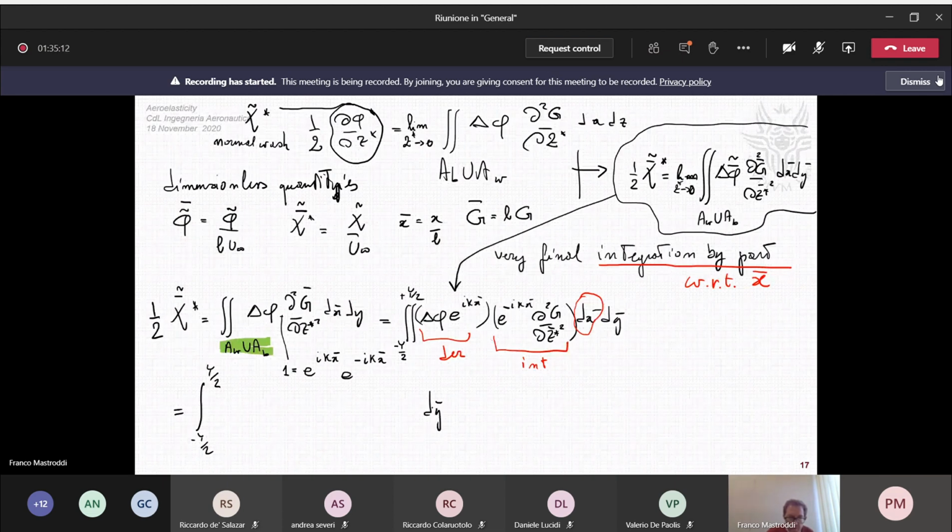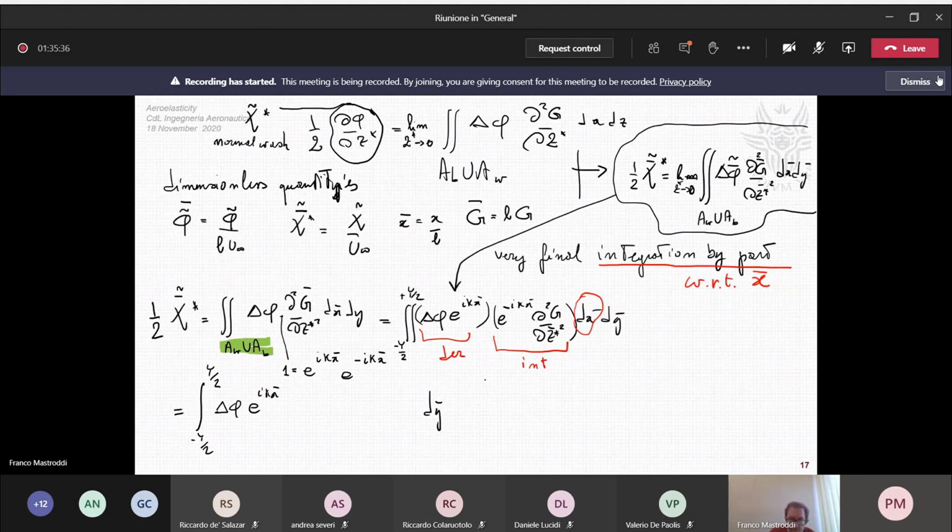I don't want to solve this integral, I want to keep it. And inside, I want to integrate by part with respect to x, and this is the derived part, so I have to rewrite this factor, delta phi times e to the power ikx.